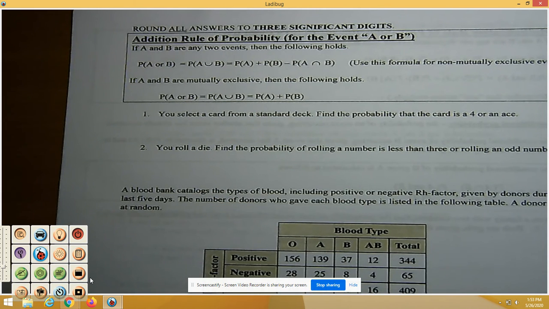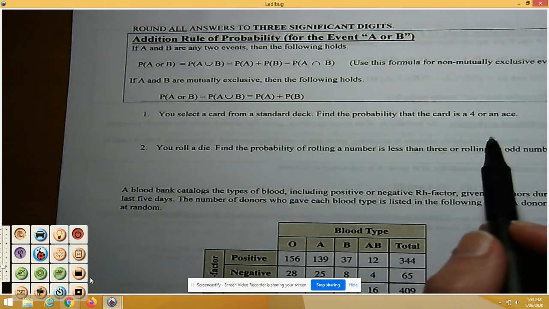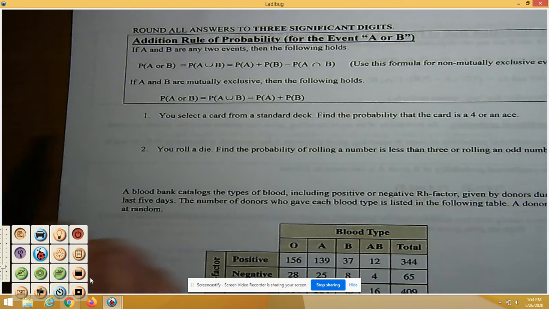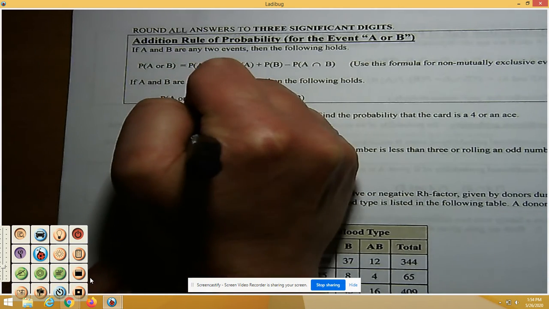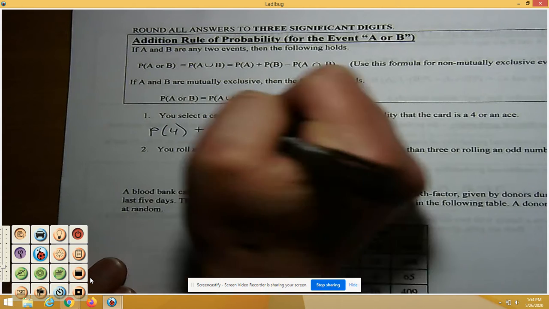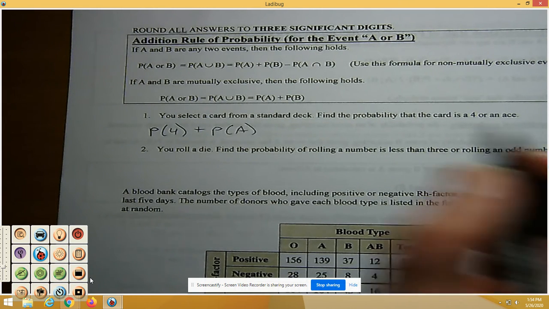All right, you select a card from a standard deck. Find the probability that the card is a 4 or an ace. So we're looking at the probability of a 4 or the probability of an ace, and these are mutually exclusive.